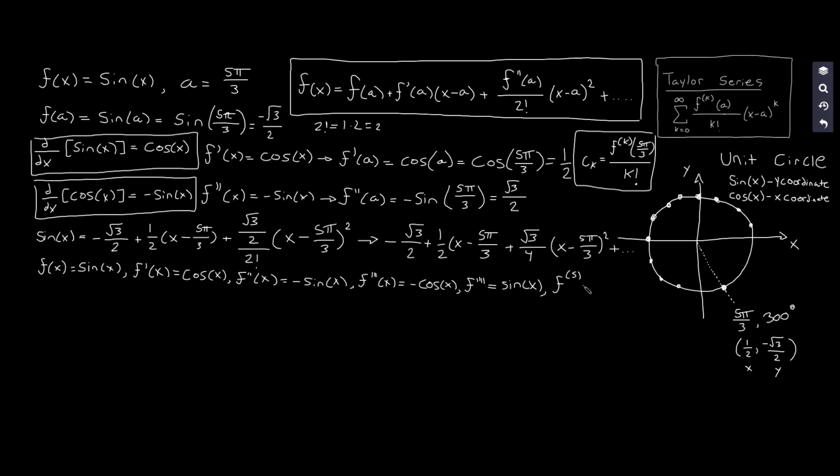So the derivative of sine is cosine. So the fifth derivative of sine of x is just going to be cosine of x.